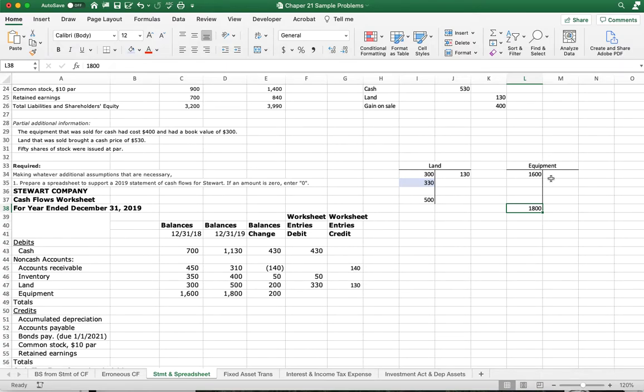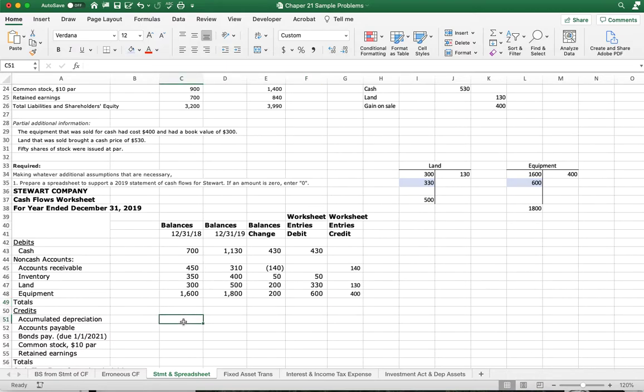If it had a cost of 400, we must be crediting equipment for 400, and that will be our credit in our worksheet. Then we can solve for the balance, meaning that there must have been a debit of 600. We can pull that 600 down. Again, the 600 and 400 balance to this 200 change.